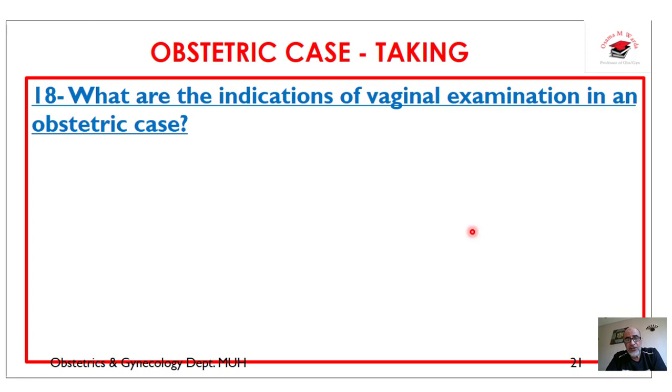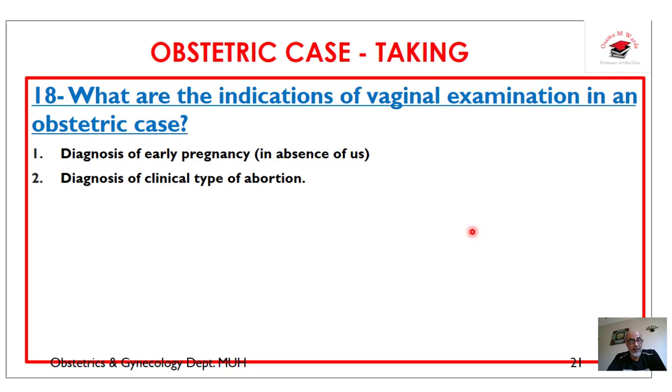What are the indications of vaginal examination in an obstetric case? There are many indications of vaginal examination, and it is not a routine procedure. We can diagnose early pregnancy in the absence of ultrasound by the criteria of the pregnant uterus, which is globular and soft. Diagnosis of clinical types of abortion according to the condition of the cervix, whether it is closed, opened, soft, and whether the products of conception are felt or not.